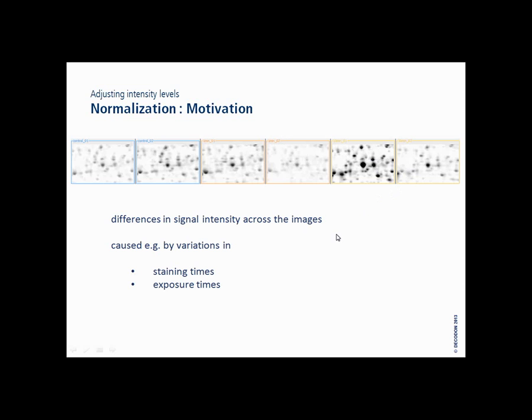The theory, or the hypothesis, is that a certain cell or organism always has the same energy available for producing protein, so that the whole amount of protein is always somehow constant. So normalization is done for eliminating these different levels of intensities between the different images.